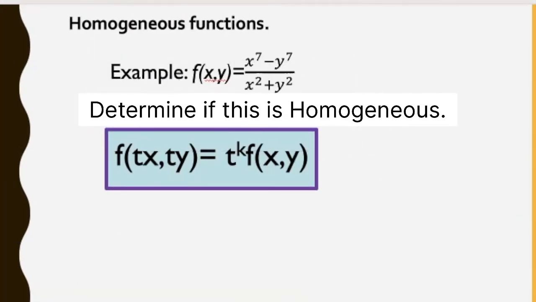Now the final one that we have here to show that it is homogeneous. And we have x to the 7 minus y to the 7 all over x squared plus y squared. So the rule still applies where we multiply x and y by t.